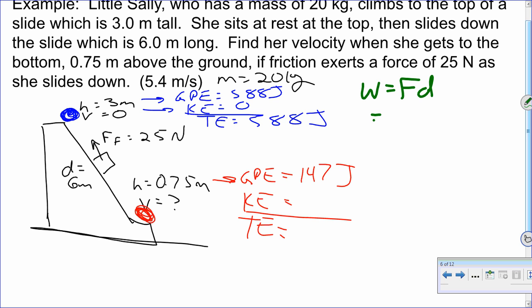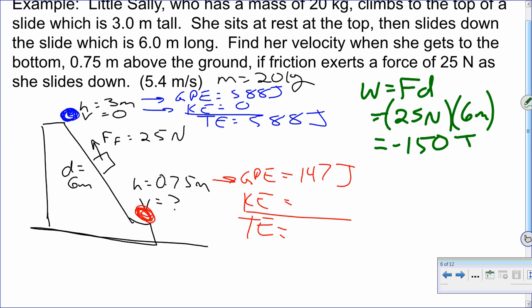The force of friction is 25 newtons. What's my distance? 6 meters, because that's how far she slides going down the slide. And then one of those two things has to be negative, either down is negative or against the motion is negative, but something there is negative. So you end up getting negative 150 joules.